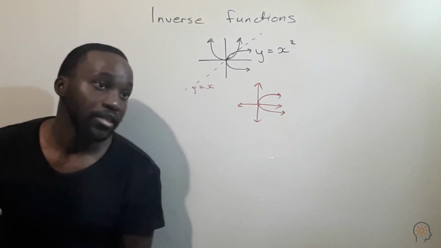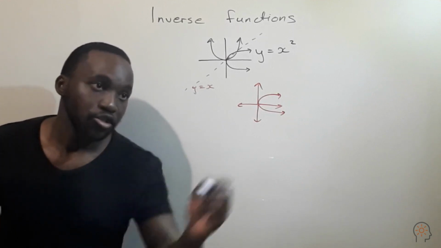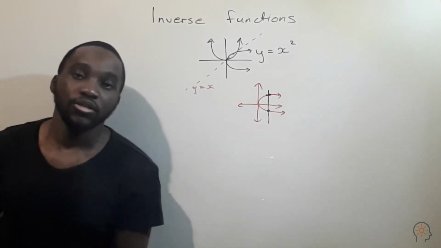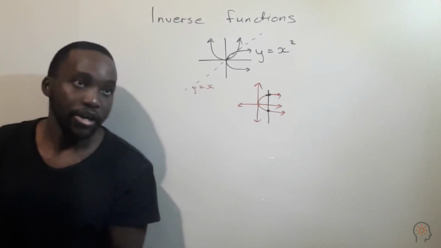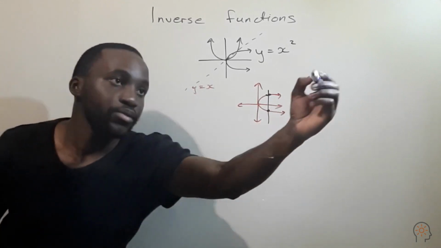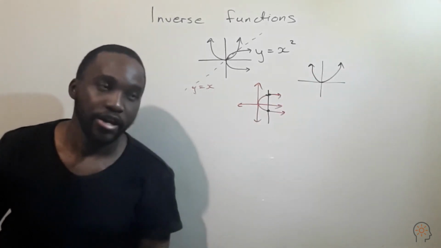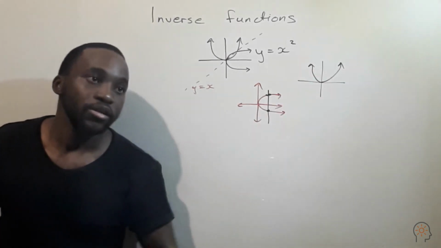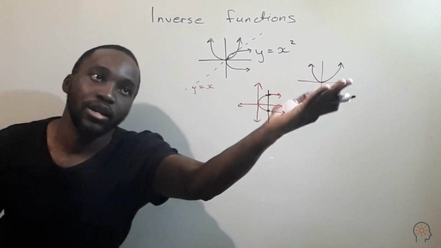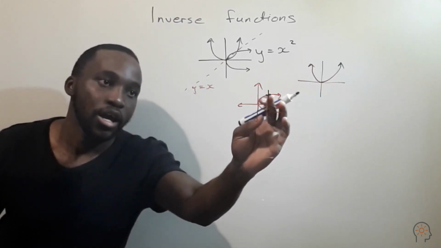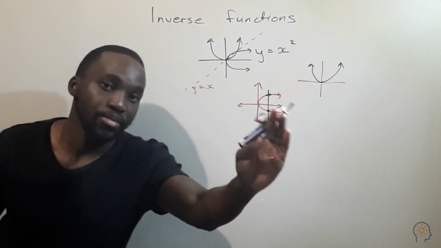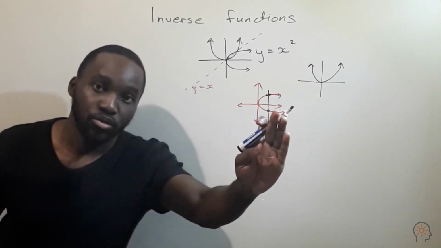This portion there is not a function because it fails the vertical line test. The original picture of our parabola looked like that, and when you perform inverse, you reflect it about the line y is equal to x, and this is what it will look like. It won't be a function, but this is what it will look like.